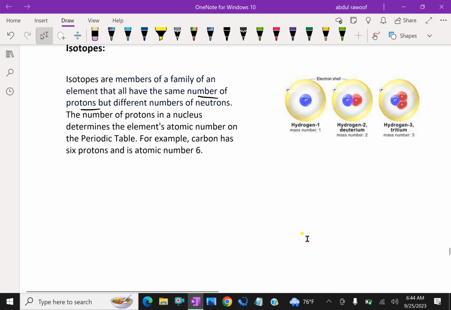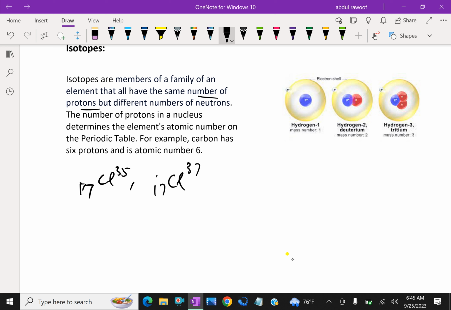For example, chlorine has 2 isotopes, chlorine 35 (17 Cl 35) and 17 Cl 37.